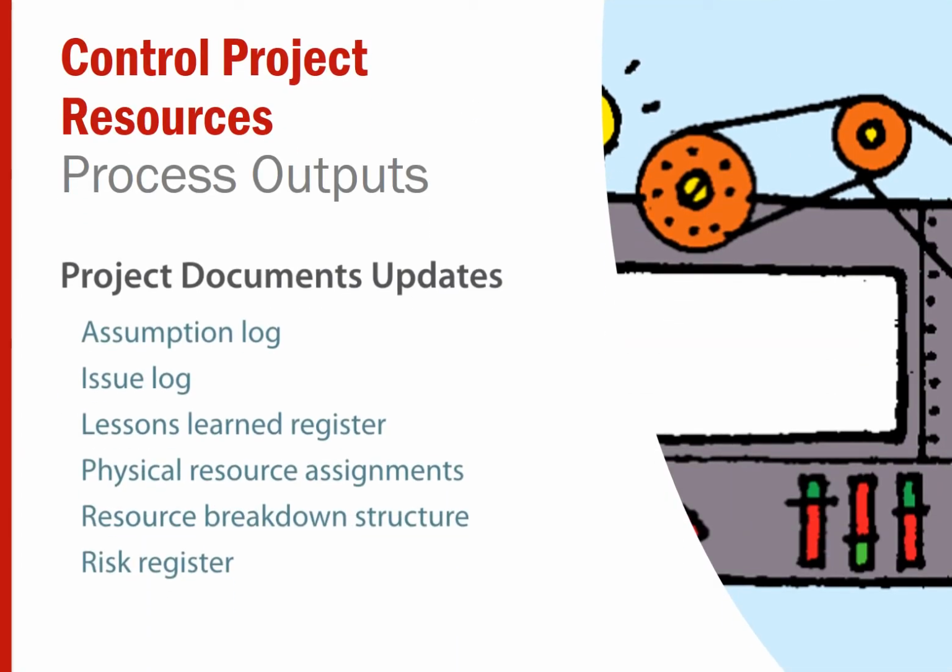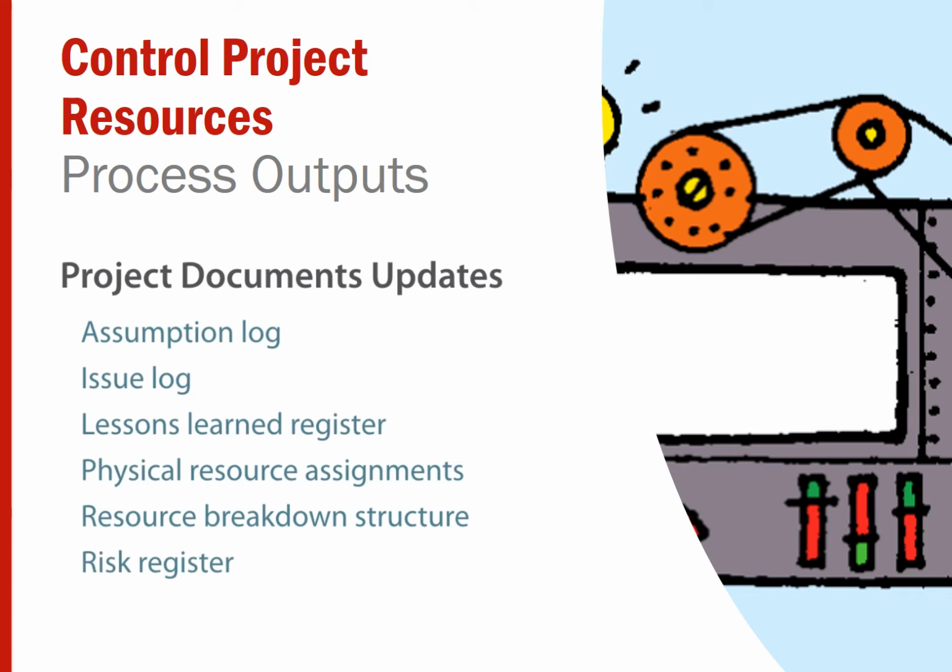Project documents that may be updated as a result of performing this process include, but are not limited to, number one, assumption log. The assumption log may be updated with new assumptions regarding equipment, materials, supplies, and other physical resources. Second, issue log.